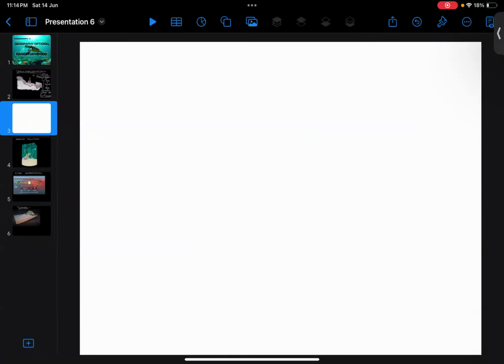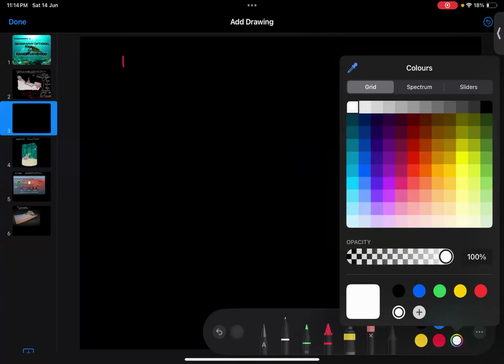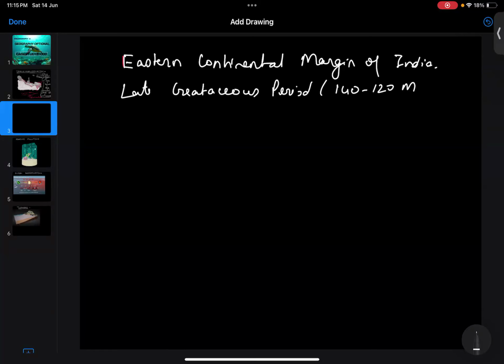Certain studies have been conducted in the region of the eastern continental margin of India, which have revealed the evolution of the breakup of India from Antarctica during the late Cretaceous period, between 140 and 120 million years ago.